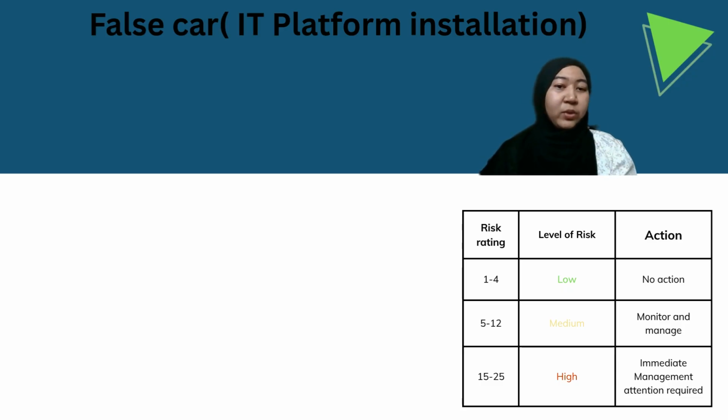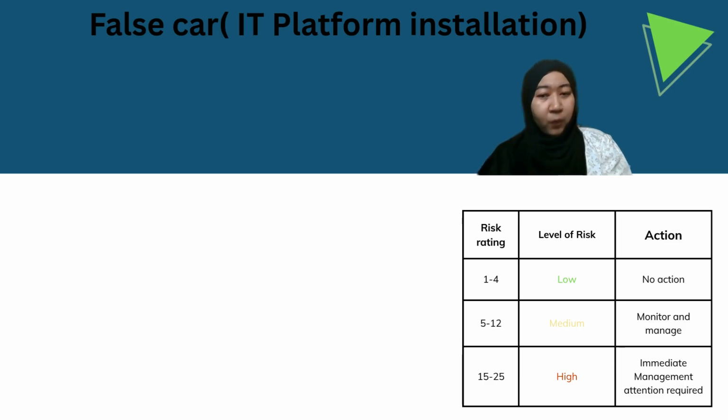And then the second one is barricading shaft area. Okay, the score is 8, which is also medium. We have to monitor and also manage the risk. And then mobilizing material is also included in medium, and you have to monitor and manage.